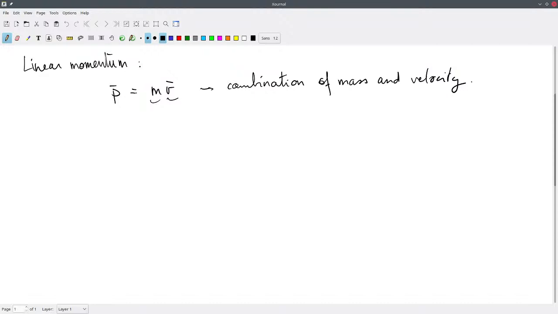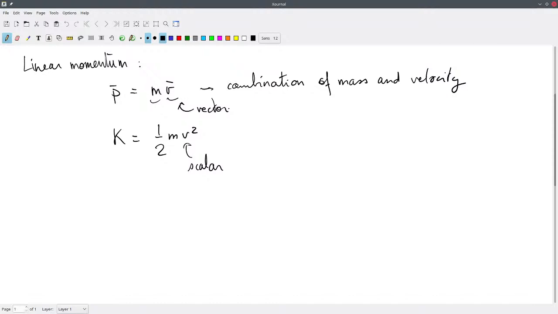And you see that it's slightly related to kinetic energy in that sense. Kinetic energy also combines mass and velocity. In this case, it was velocity squared, so it was only the speed that was relevant, the magnitude of the velocity, not the direction of velocity. So this is a scalar quantity, whereas momentum is a vector quantity. And you also see that it's not exactly the same.